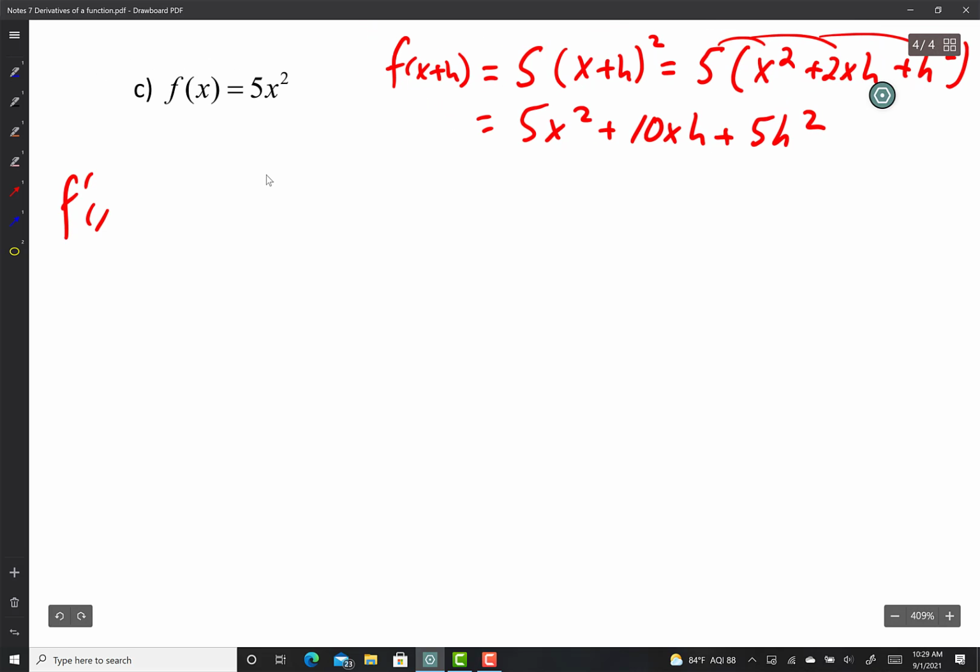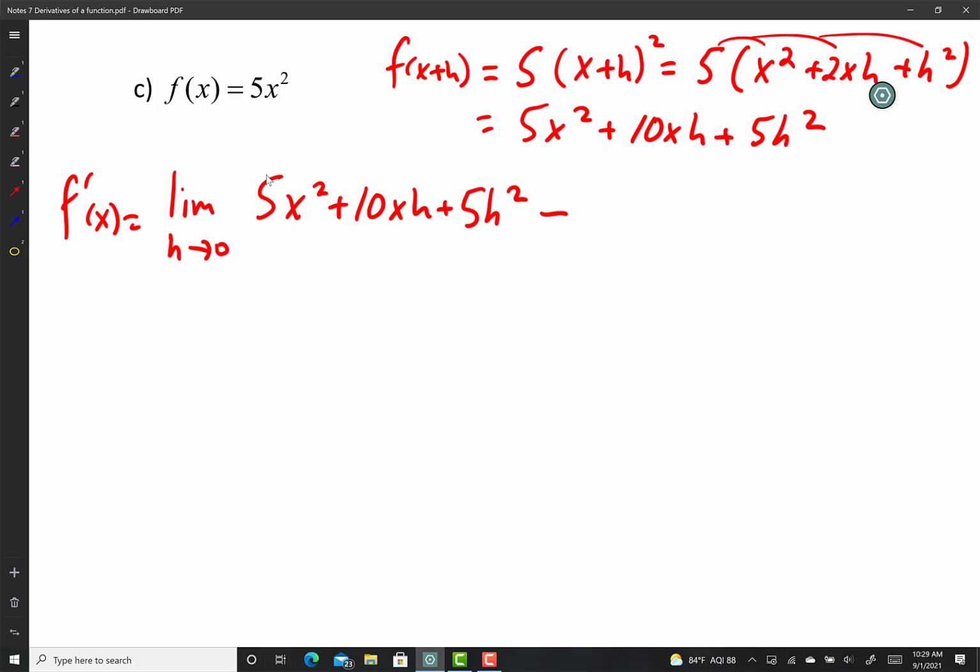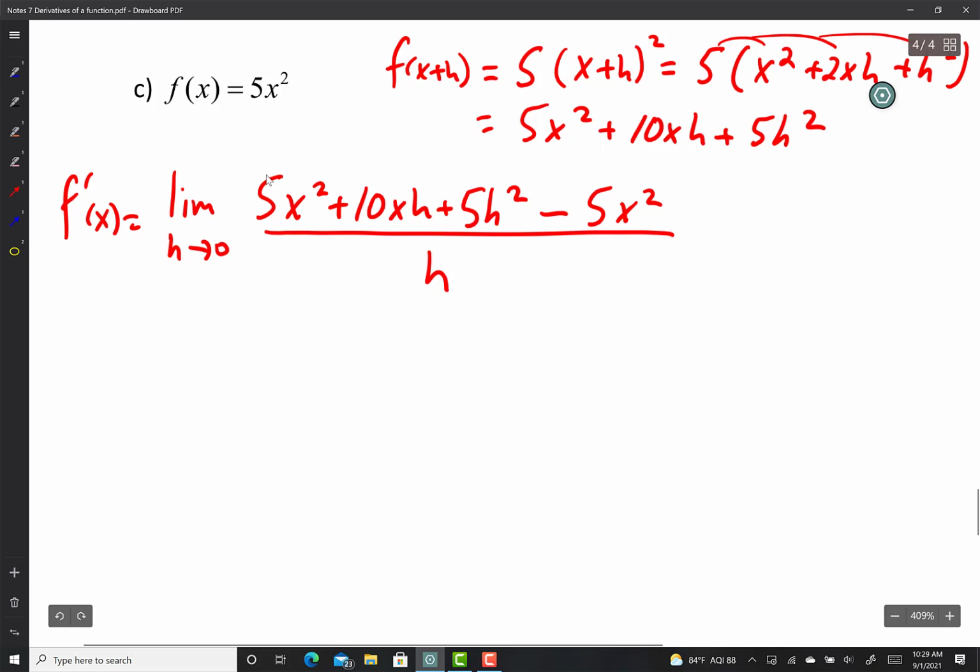f prime of x is equal to the limit as h approaches 0. I'm going to do f of x plus h, which is that expression on the top, 5x squared plus 10xh plus 5h squared. And I'm going to subtract f of x, which is 5x squared. All that is over h. It's not a race.